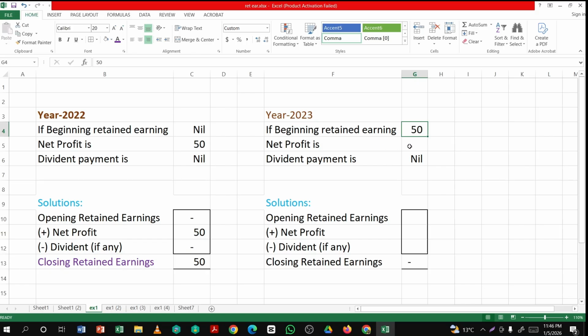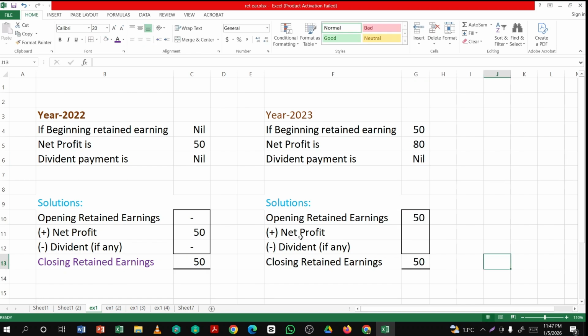If net profit is 80, dividend payment is nil, then the solution will be opening retained earnings 50, net profit 80, dividend payment nil, then closing retained earnings of 2023 is 130.